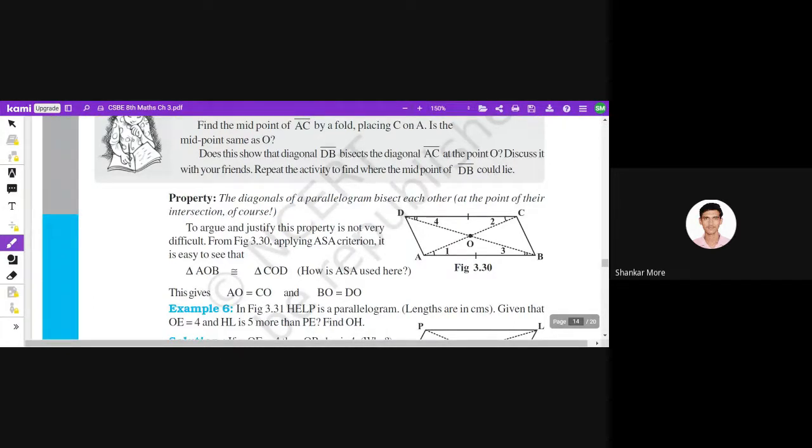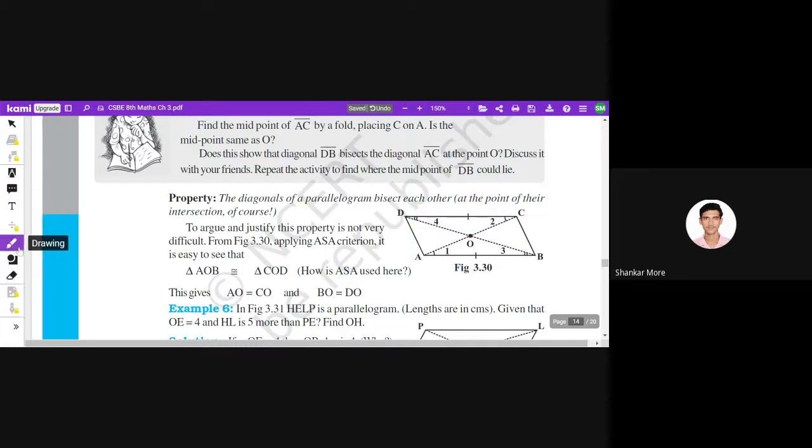BD is one diagonal and AC is the other diagonal. They are intersecting at point O such that AO is equal to OC, and OB is equal to OD. So this is the property of the diagonals of a parallelogram.